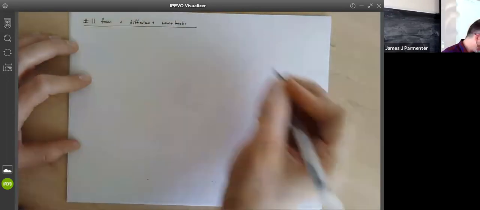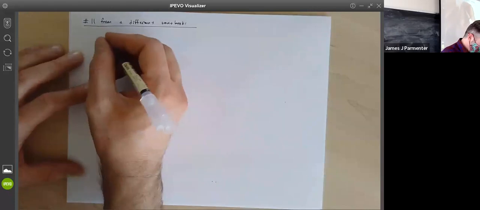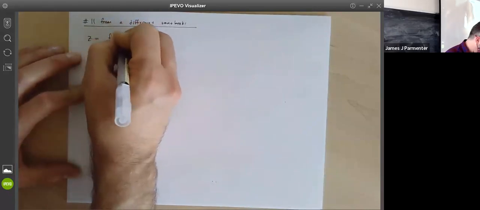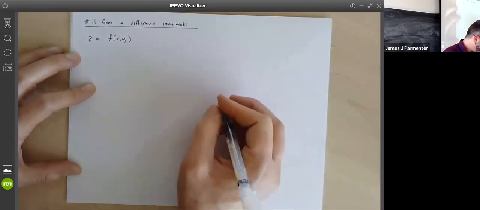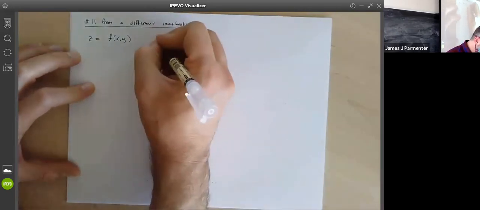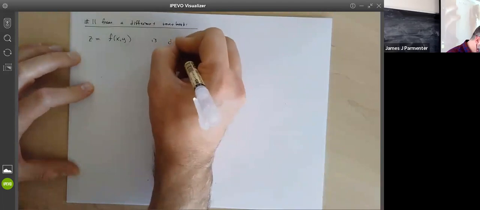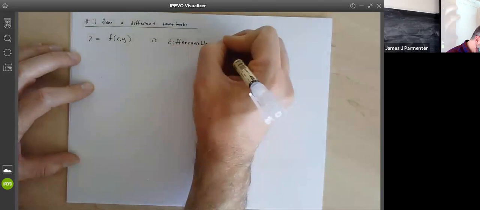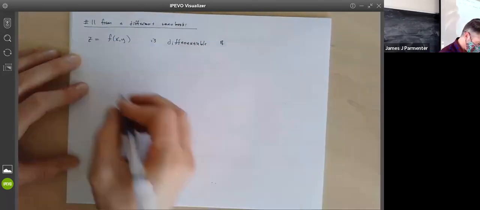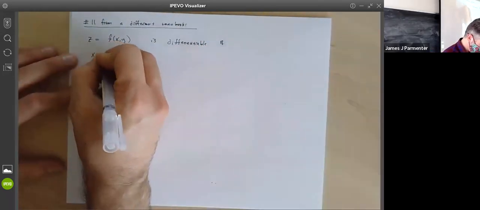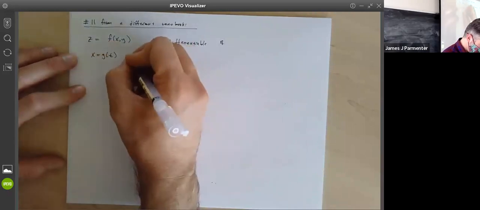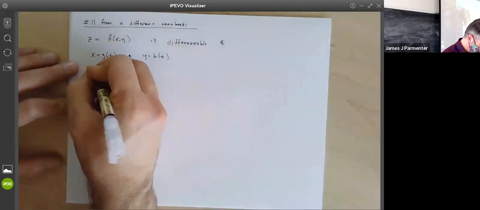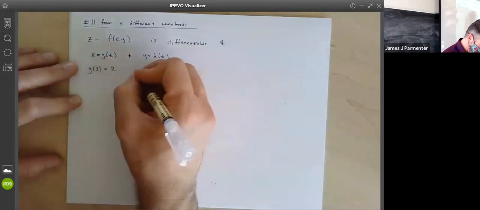I've definitely seen homework problems like this. So let's say that z is a function of x and y, and we know that the function f is differentiable. And we know the following things. X is a function of time. Y is also a function of time. We know that g evaluated at 3 is 2.